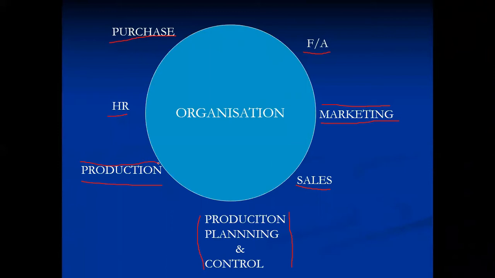Like that, in real-time organizations, there exist a number of conflicts among the departments. If that is the case, the organization cannot run smoothly. That's why the top management has to bring coordination among these departments to see that the organization runs smoothly.